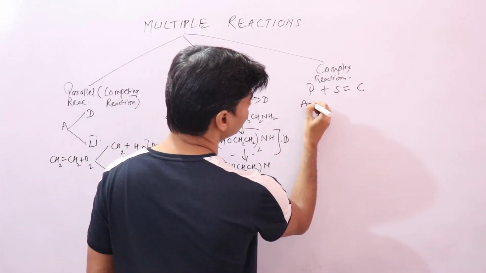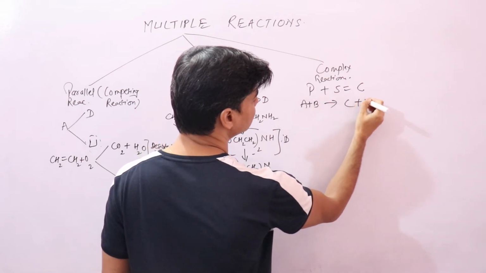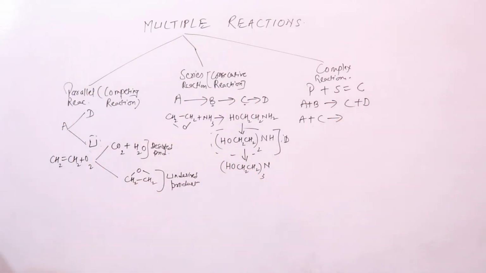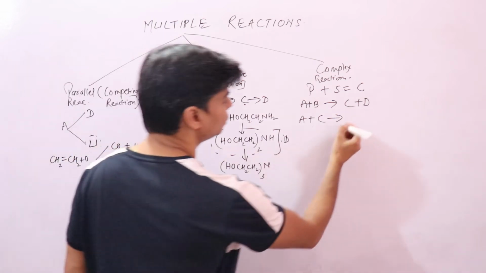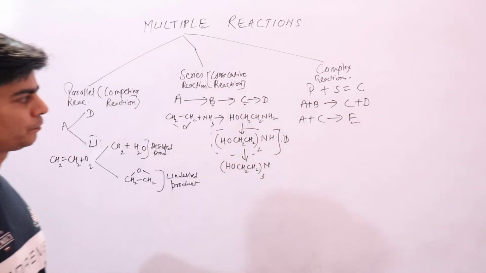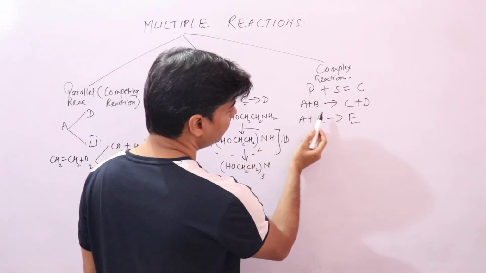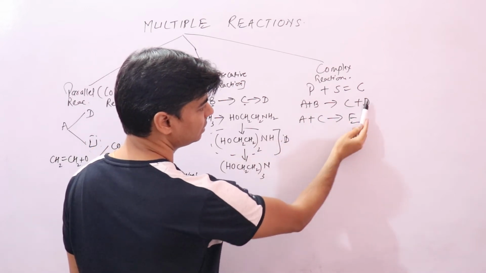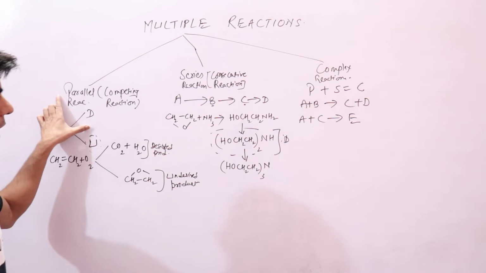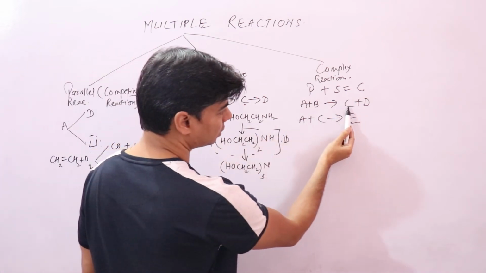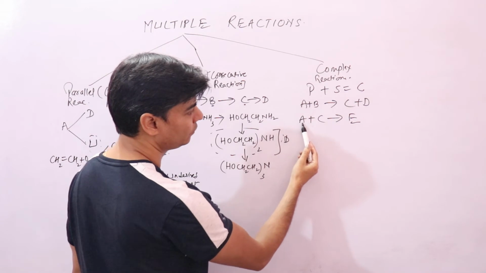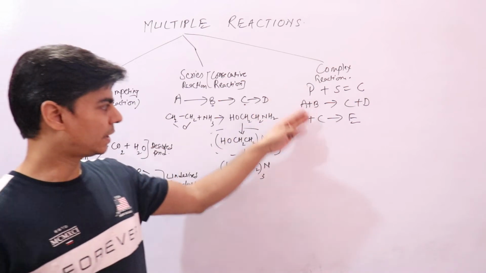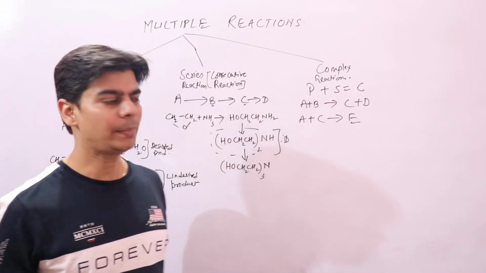Suppose A plus B gives you C plus D. Now A plus C will again react to give you an undesired product, say E, right? So you can see here the reactant is getting consumed in this reaction and in this reaction, like parallel reaction, and this product is reacting with this reactant to give you product E, like in series reaction. So it is a kind of combination of your series reaction and parallel reaction, right?